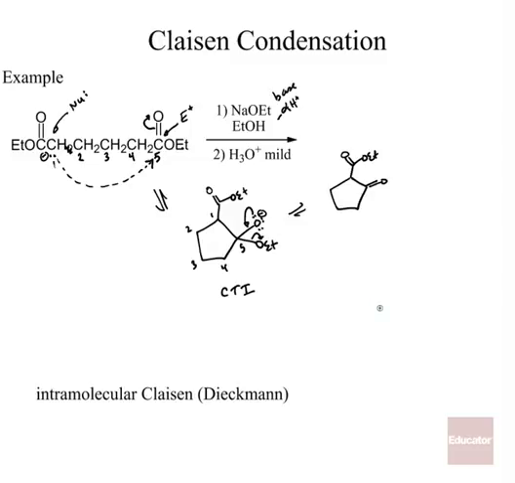An intramolecular Claisen condensation has its own name. It's called a Dieckmann reaction. But it's the same exact sort of reaction. Aldol reactions can happen intramolecularly as well to form rings. And Dieckmann is when we have a diester cyclizing to do an aldol type condensation.